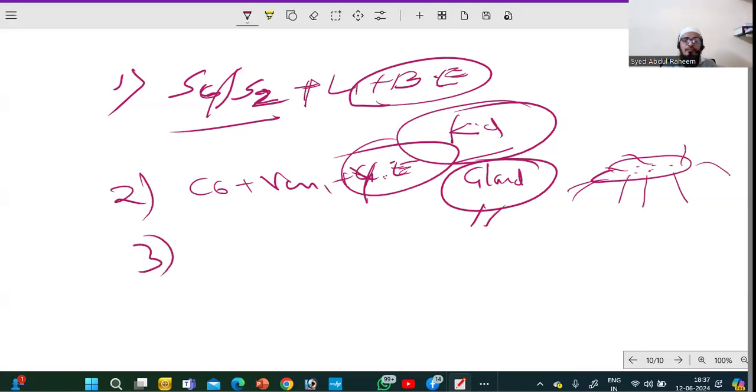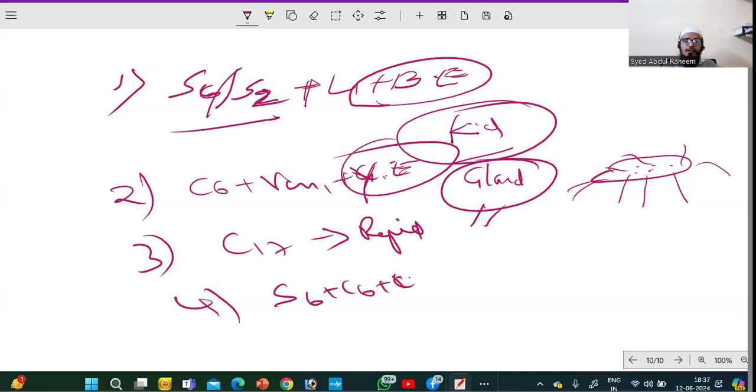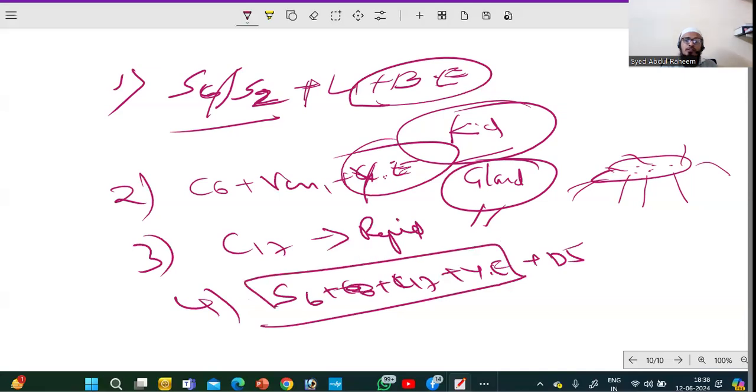Another one is to remove the impurities. We have C17, with rapid dose or regular dose. Another one is S6, C6, C17, or S6, C17 plus Y. You have to give it in D5. Another remedy removes the toxic substances from the kidney in particular.